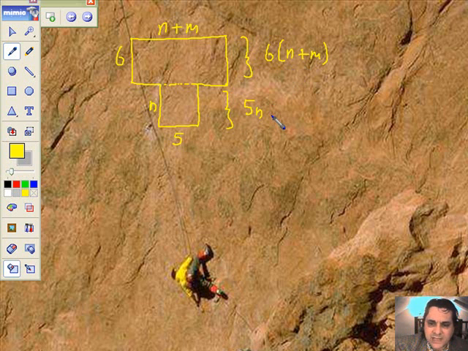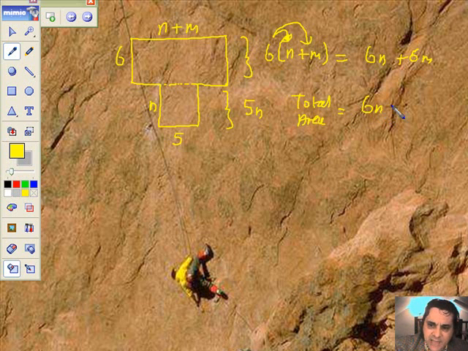Now I can't stick that onto this end yet until I've multiplied this out, so let me just do that. 6 times n, make it a little arrow, called 6n, and 6 times m is called 6m. Now let's put it all together. I'm going to call it total area.